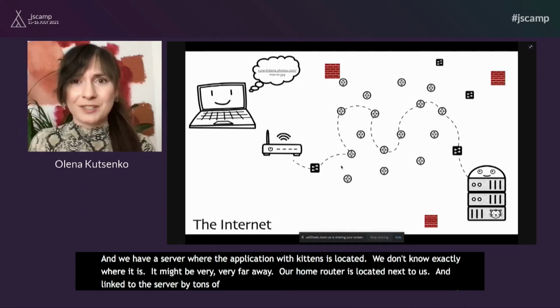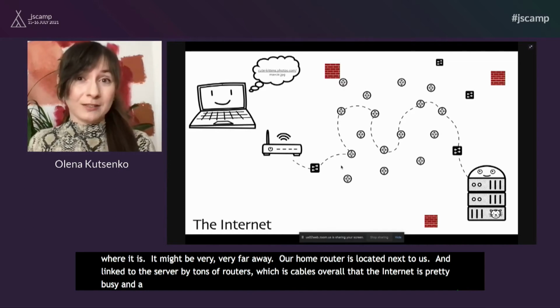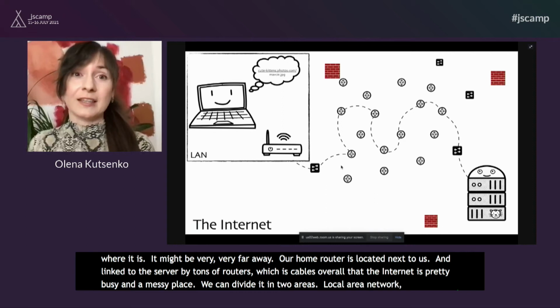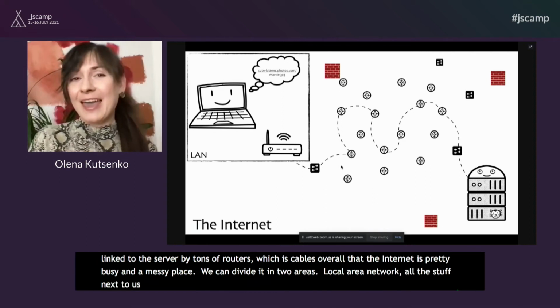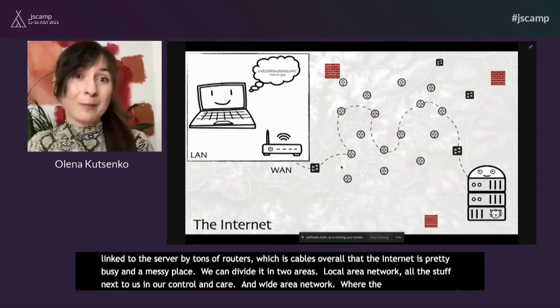Overall, you know that the internet is a pretty busy and messy place. We can divide it into two areas: local area network, all the stuff next to us in our control and care, and wide area network, where the rest of the World Wide Web is located.